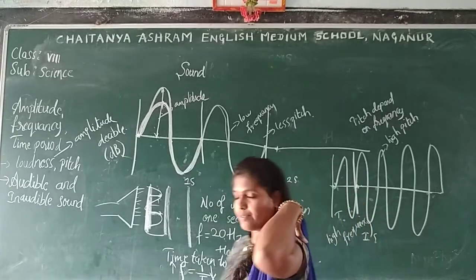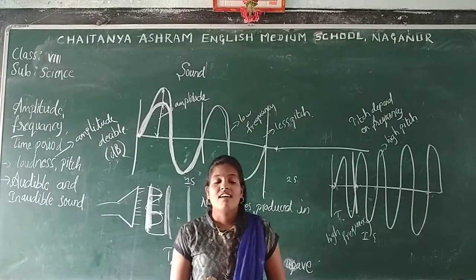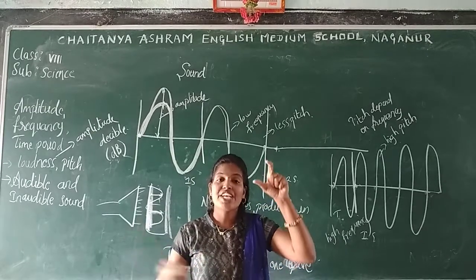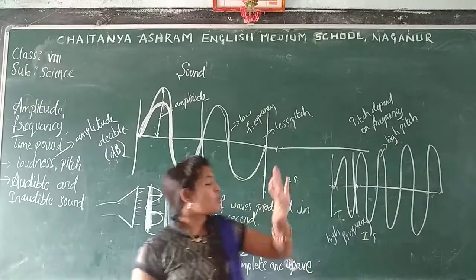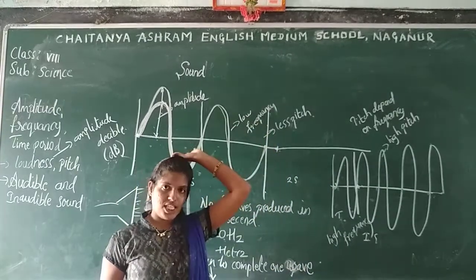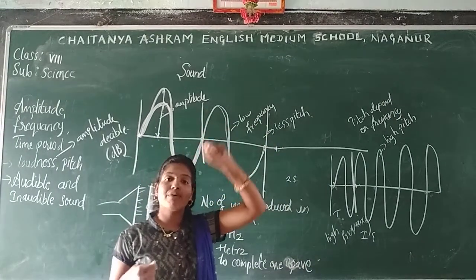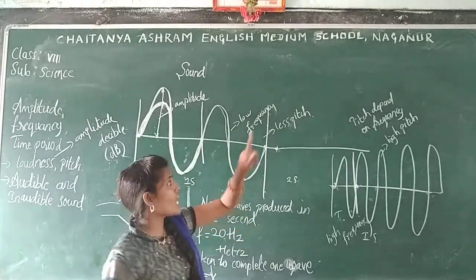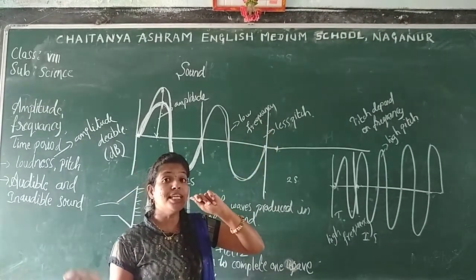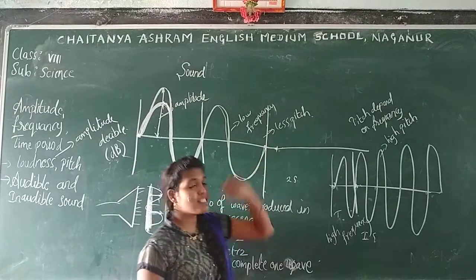For example, take the beating of a drum. It has low pitch, because the number of frequencies produced per second is less.